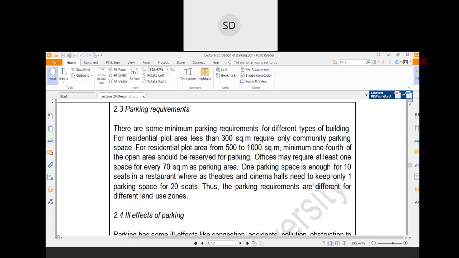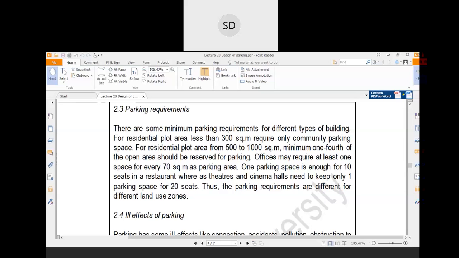Now coming to the next portion, the requirement of the parking. There are some minimum parking requirements for different types of building. For residential plot areas less than 300 square meters, only community parking space is required.